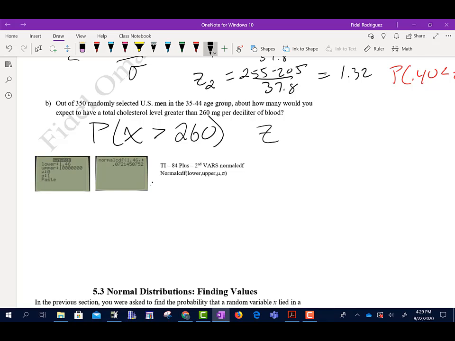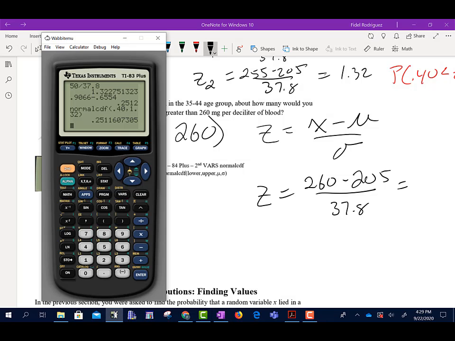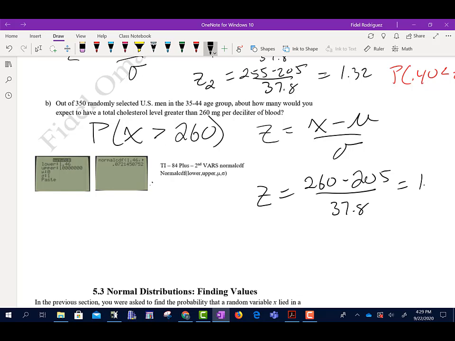First we need to convert this to our z-value. I'm going to take 260 minus 205, the average, divided by the standard deviation of 37.8, and I'm coming up with 1.46.